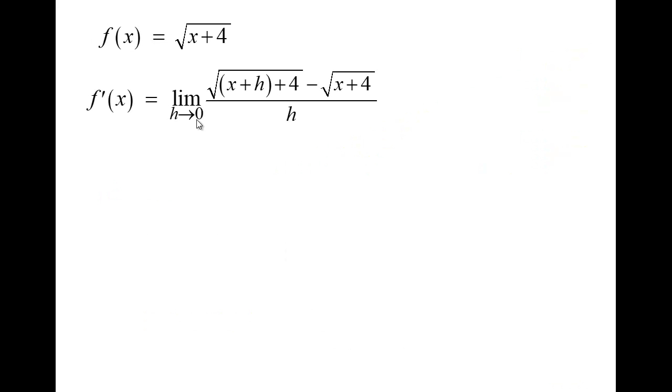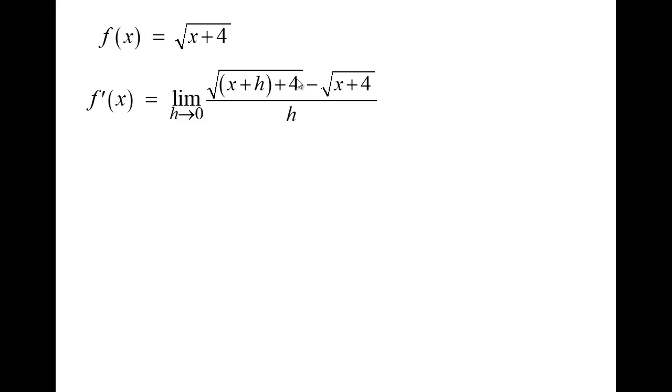So let's compute that. So here's the function. Here is the limit that we want to compute, because this is f of x plus h. F of x plus h would be root of x plus h plus 4, and this is f of x. I'm pretty sure you have seen a limit like this in some of the exercises you have done for the previous sections.